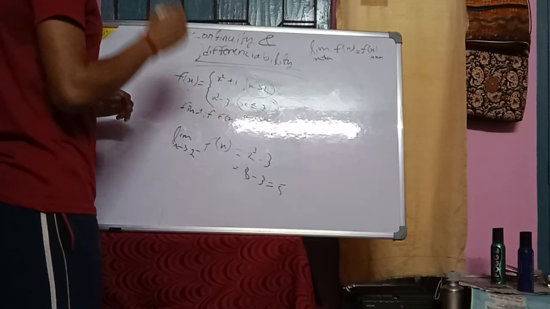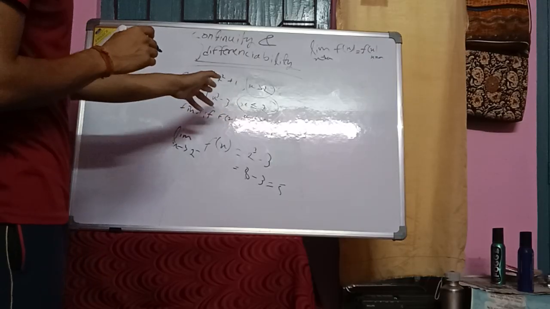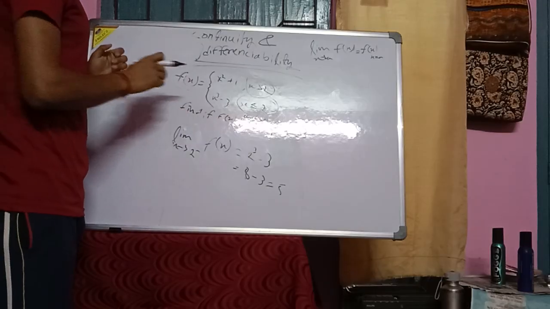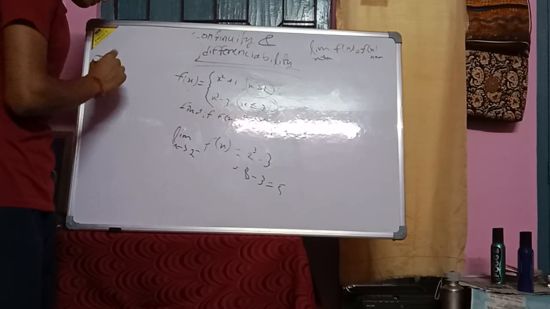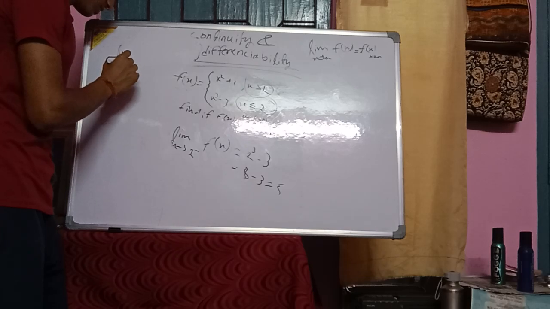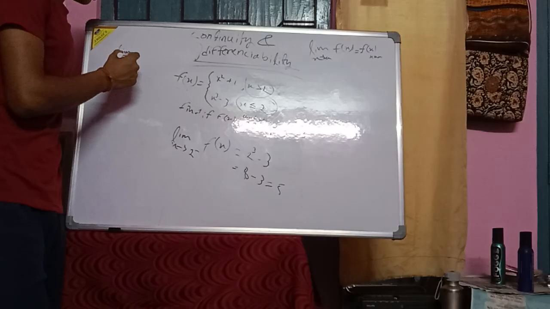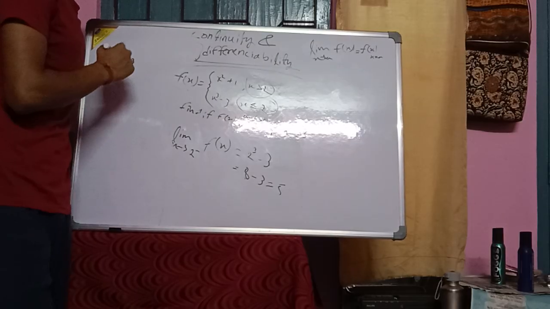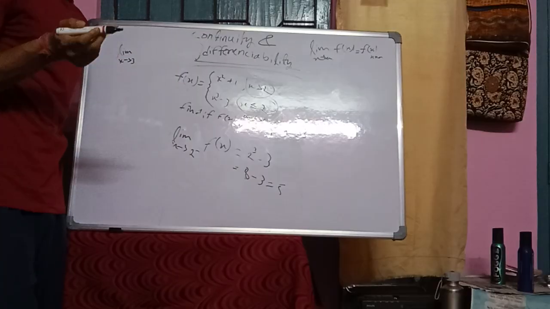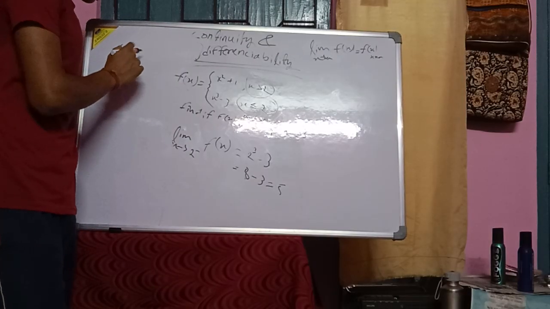So for all of them, this would be how the function would look like: x squared plus 1. So limit of x tends to 3. Now obviously for both hand limits, right and left, the value is going to be the same. So it's really not necessary to write limit of x tends to 3 minus or 3 plus.